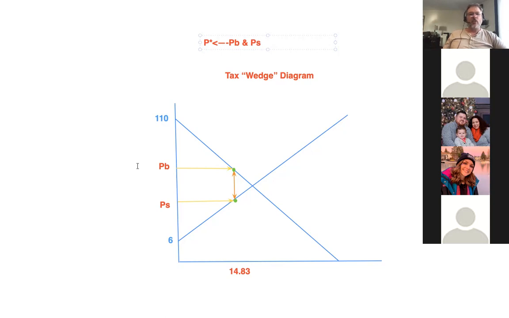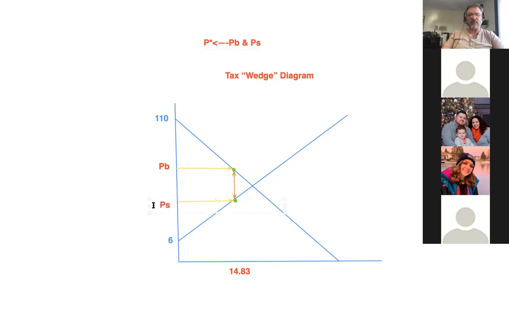So if you think about it, the way that things are at Target with the sales tax, I'm paying whatever is the listed price.